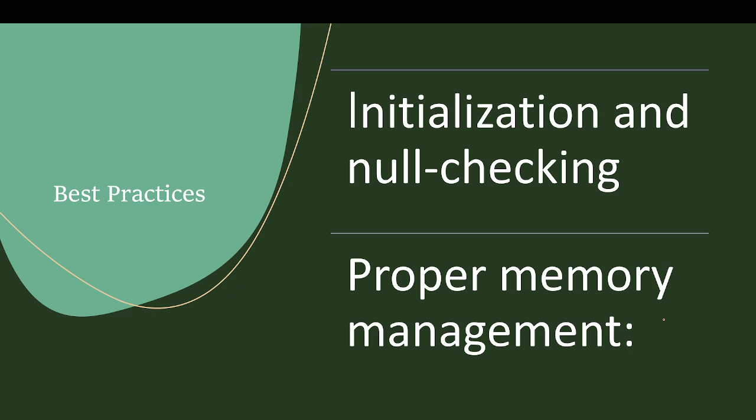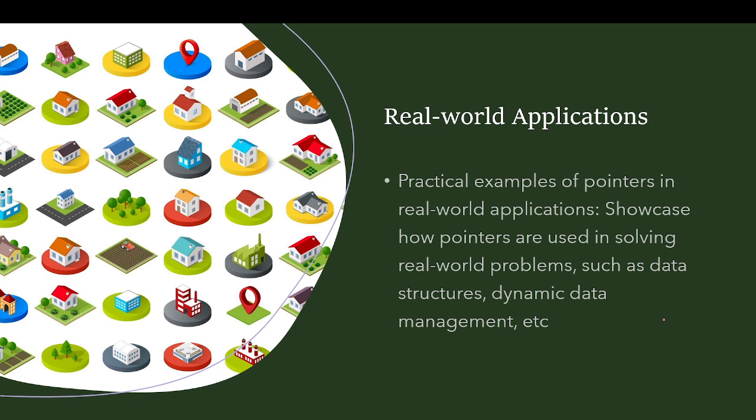Properly free the dynamically allocated memory to prevent memory leaks and ensure efficient memory management. So these are some of the best practices that we could include in our programming to avoid the common pitfalls.